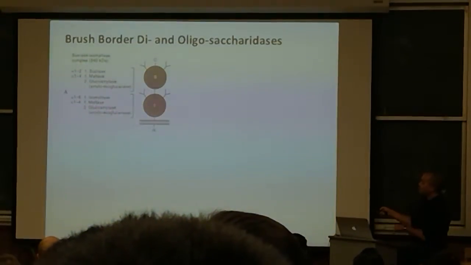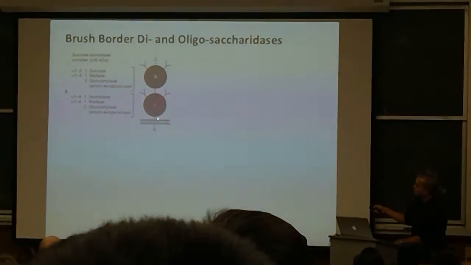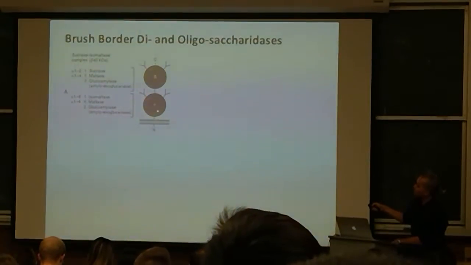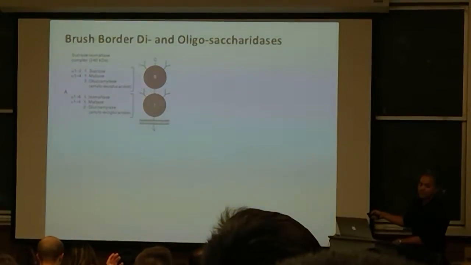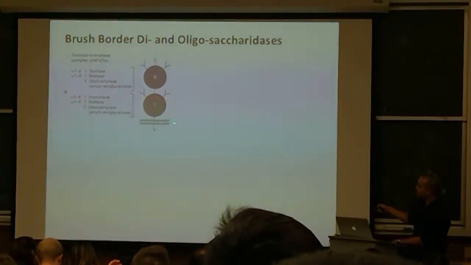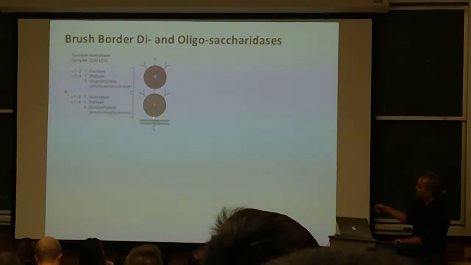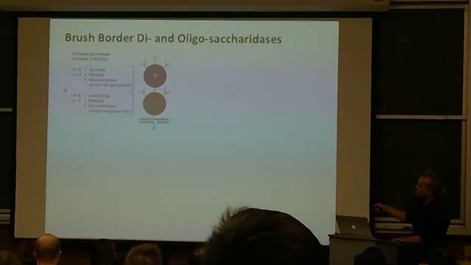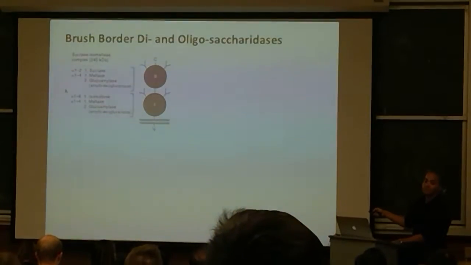Okay? And we can see that a little bit better in this representation of di- and oligosaccharidases, in which we have one of these shown here. Now I'll walk you through the slide. It's a little bit busy. So here's the membrane, and it has what we call a transmembrane region, right? So it has a hydrophobic span anchoring into the membrane.